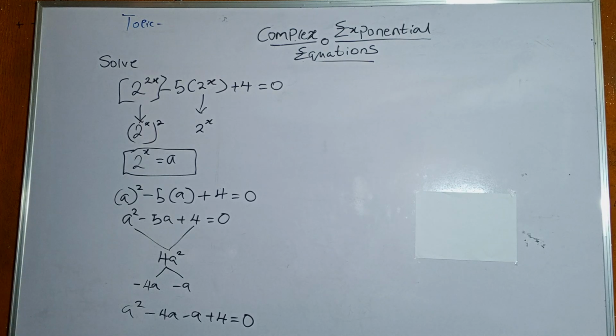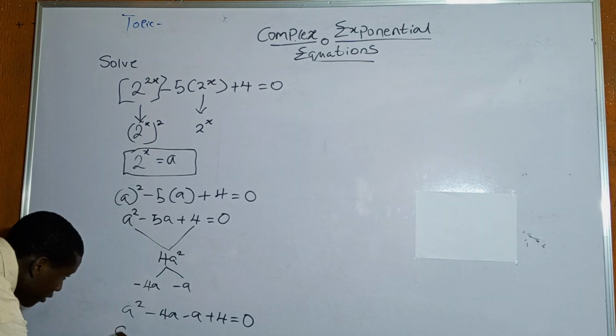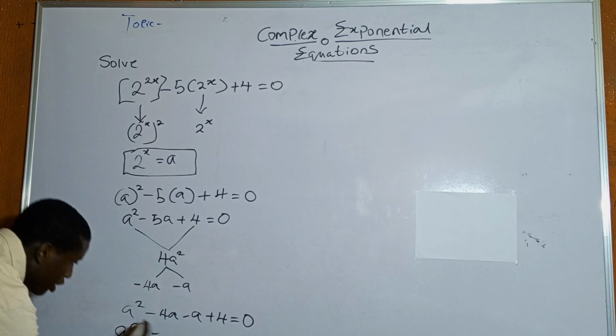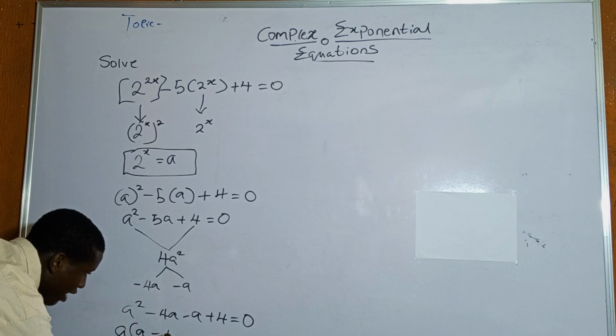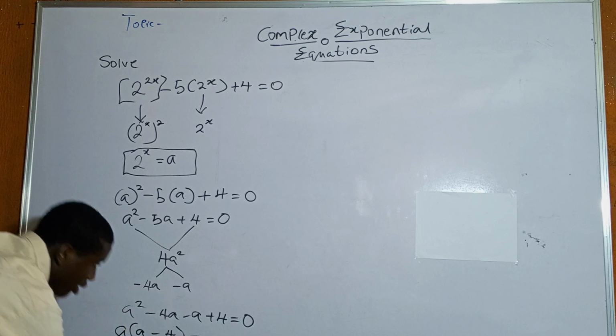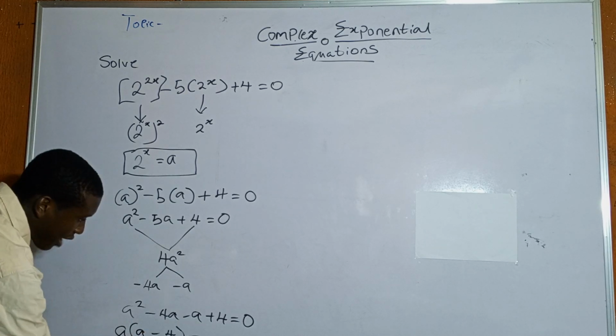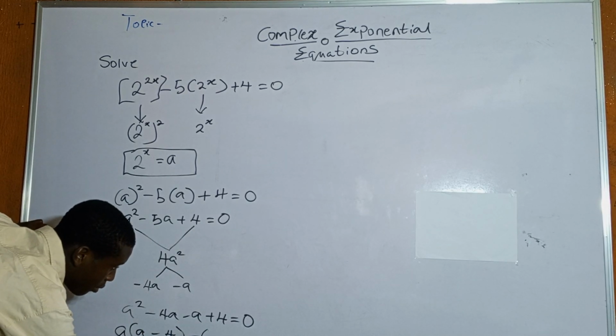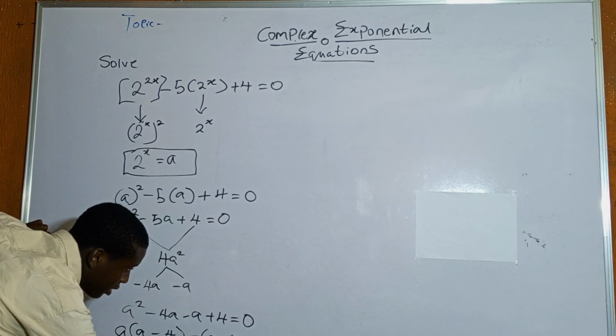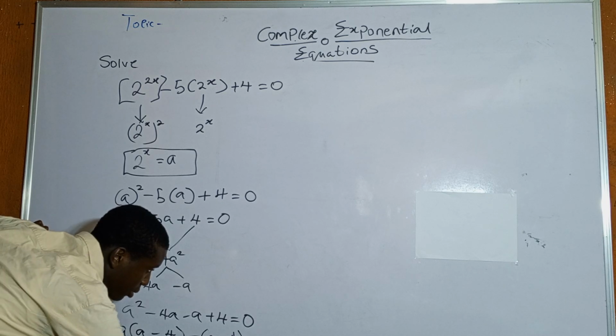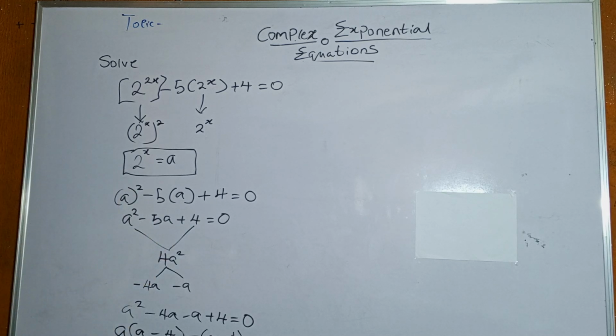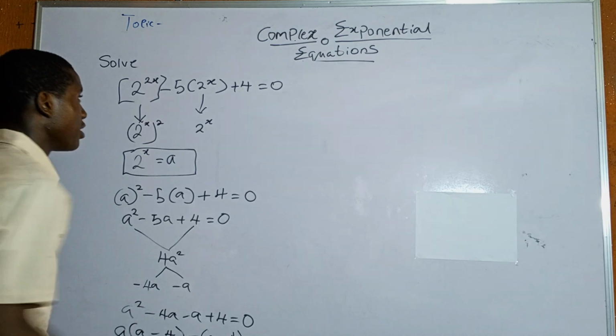Now let us factorize, and we'll have a open bracket, what is remaining, a minus 4. Remove a from minus 4, you have minus 4. Now what will we have here? We'll have minus open bracket a minus 4, which will be equal to 0. Now let's refactorize.